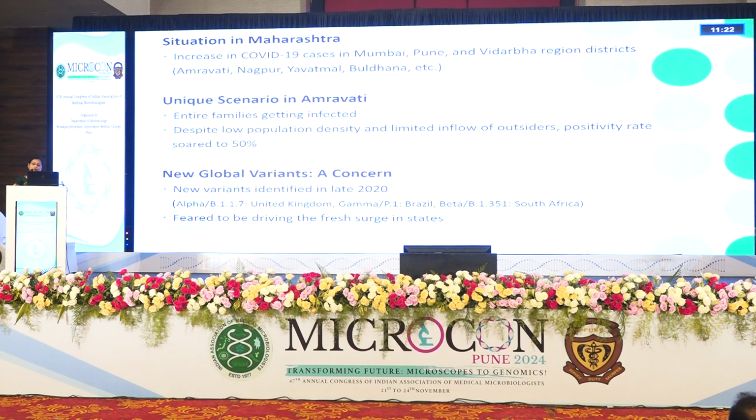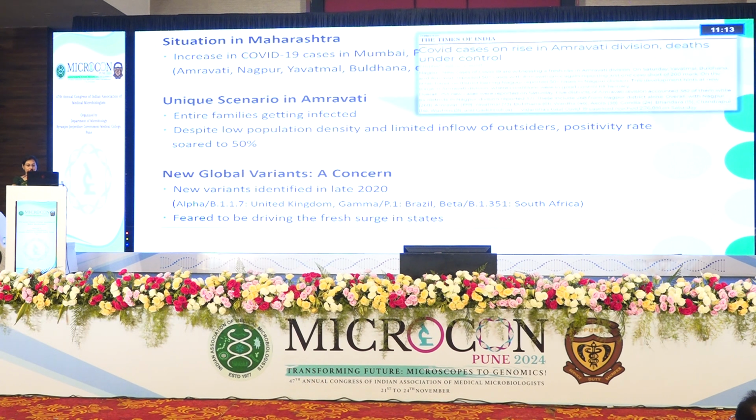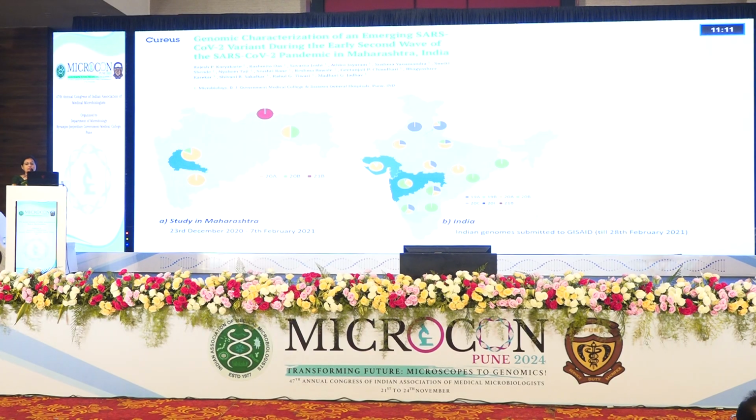The emergence of new global variants around the same period was concerning, as they were suspected to be responsible for the fresh surge of new cases. On sequencing these samples from Amravati, it was found that Amravati was dominated by clade 21b, which carried immune escape mutations.